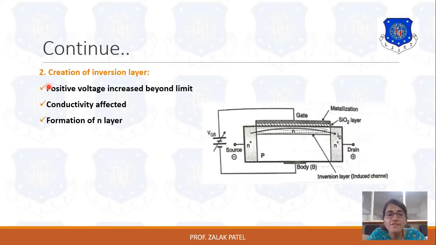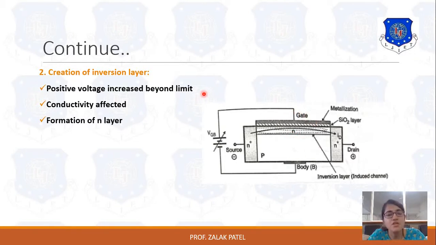Now when we apply this positive voltage beyond such limit, the electrons are no longer minority carriers in this layer; they are in the same number as the holes. So the number of electrons and holes will be almost equal.